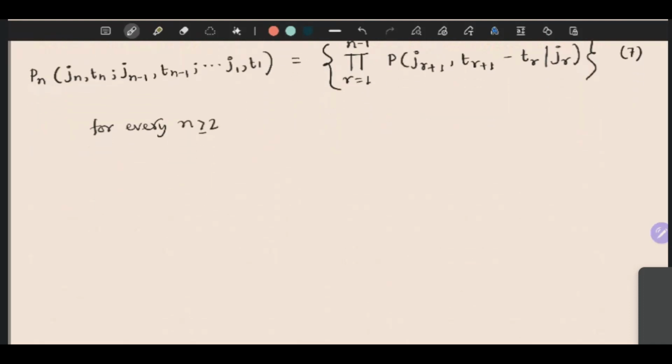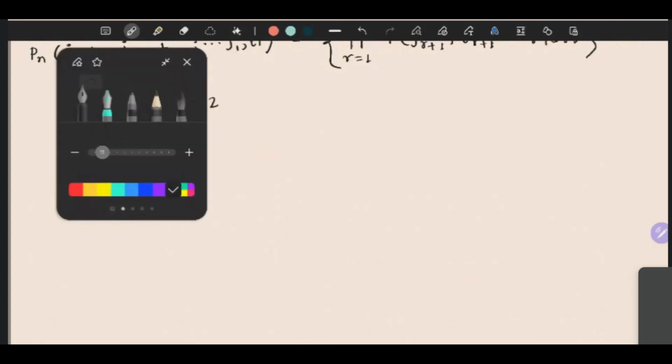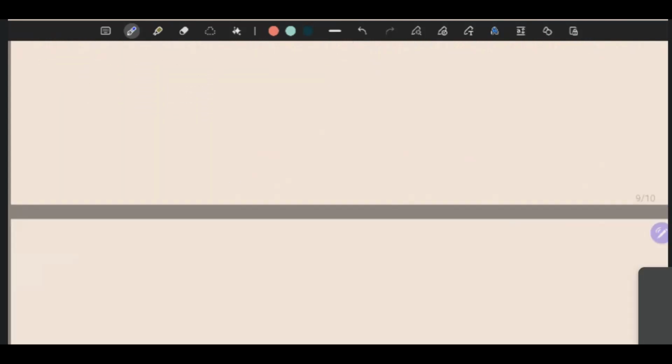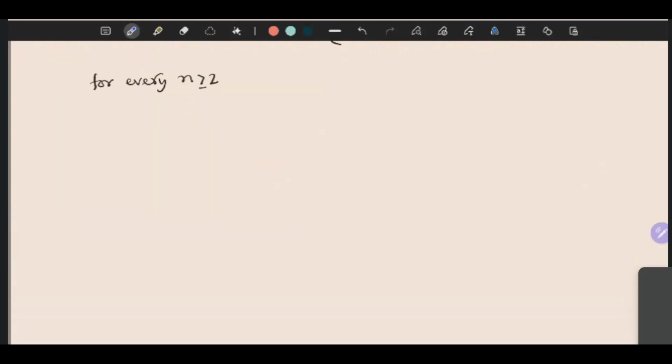In these discussions, we will always consider stationary processes unless otherwise specified.